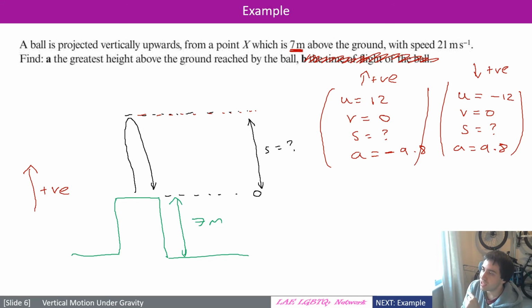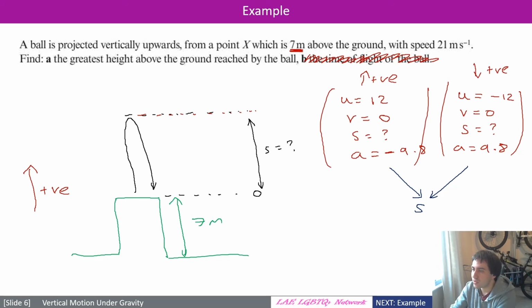So can you see how, depending on the direction that you pick as positive, some of your numbers will be negative, some positive, but it doesn't matter, because both will still give me the same correct S value. It'll either be positive or negative according to my interpretation of which way is up and which way is down, I suppose.